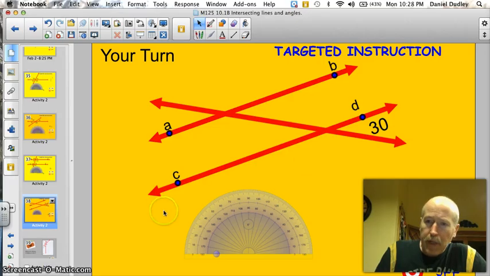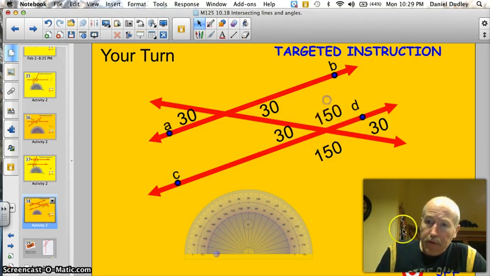All right. Well, if this angle is 30, this angle has to be 30, and this angle has to be 30, and this angle has to be 30. Remember, if these 2 lines AB and CD are parallel, a line intersecting them will create equal angles. All right? This one's got to be 150 because 30 plus 150 equals 180.